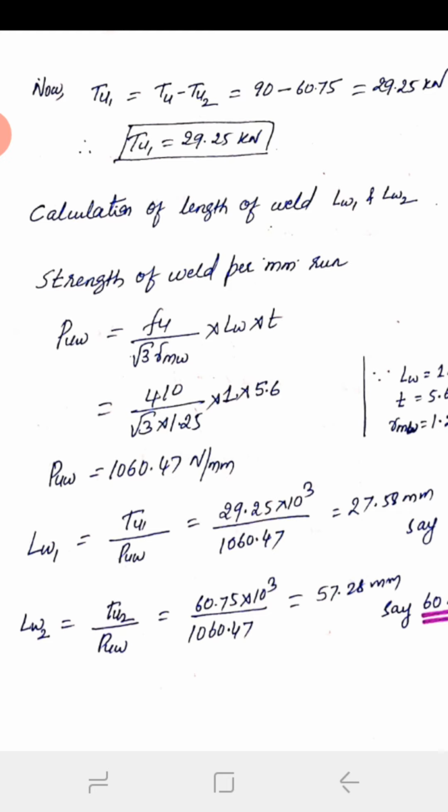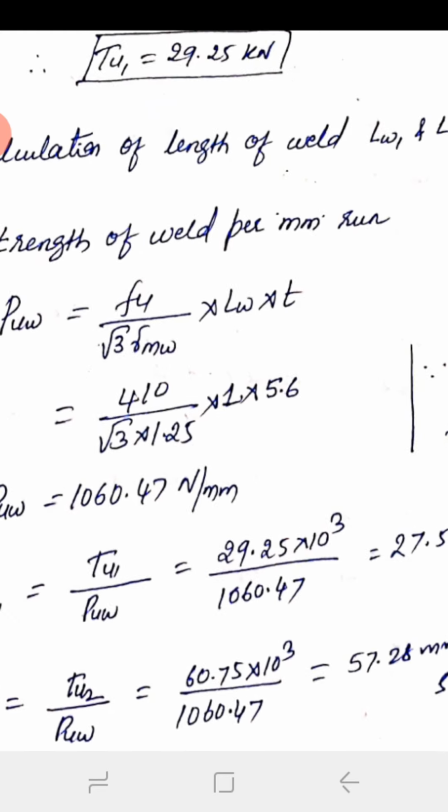Means per 1 millimeter run of weld, what is the strength of the weld? Because the strength we know on each side, that is TU1 and TU2. If we calculate the strength of weld per millimeter run, then LW1 will be TU1 by unit strength of weld. LW2 will be TU2 divided by unit strength of weld.